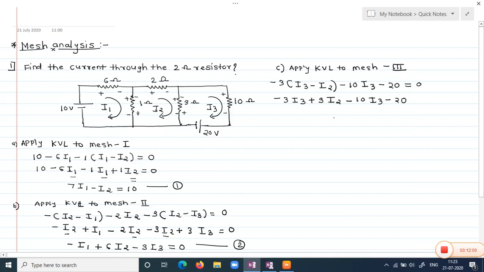Then you have to keep the 20 outside, so minus you will get plus, plus you will get minus, and minus you will get plus here, means we keep the 20 outside as it is, minus 20. That is equation number 3. Then we will see I1 is present over here. No, I1 is not present.